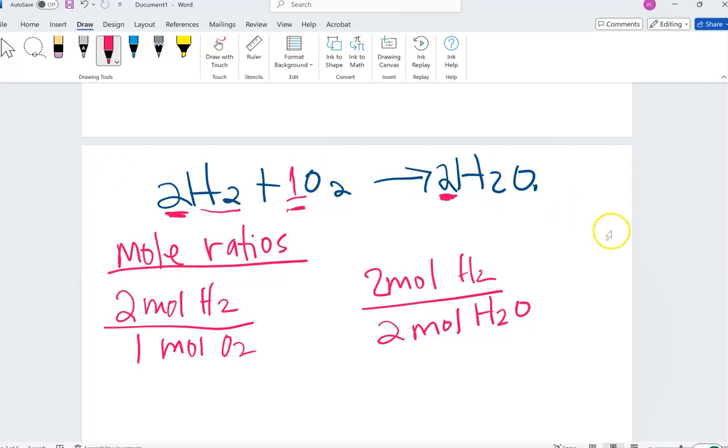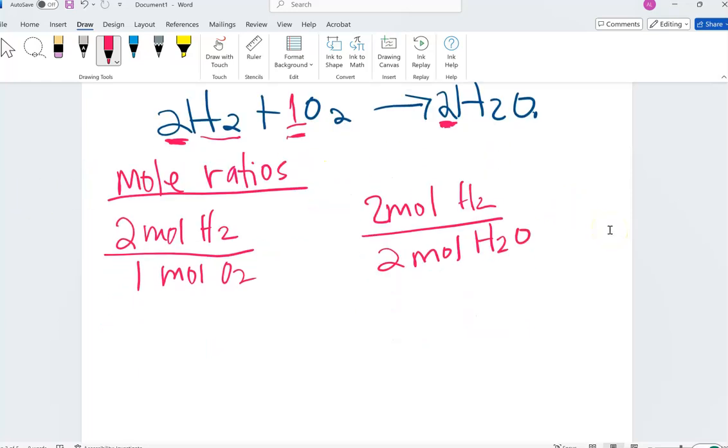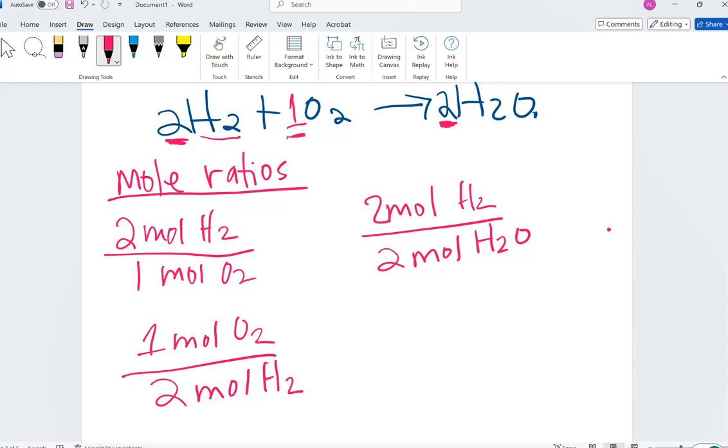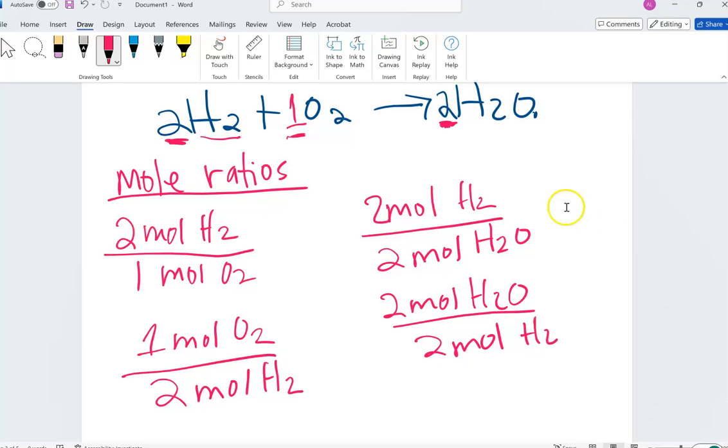Not done yet. I have 1 mole of oxygen to 2 moles of hydrogen. I have 2 moles of water to 2 moles of hydrogen.